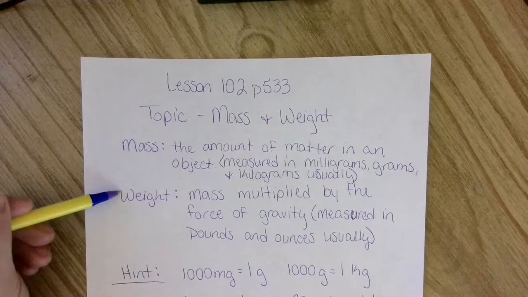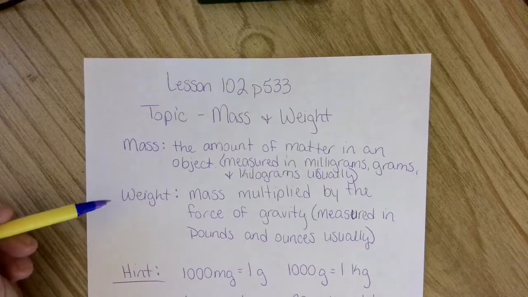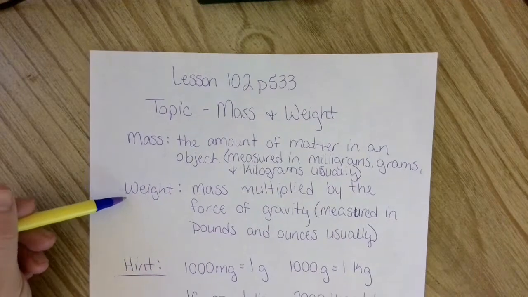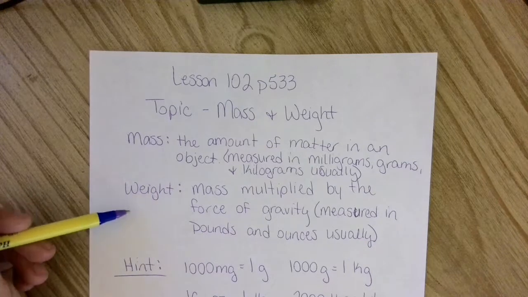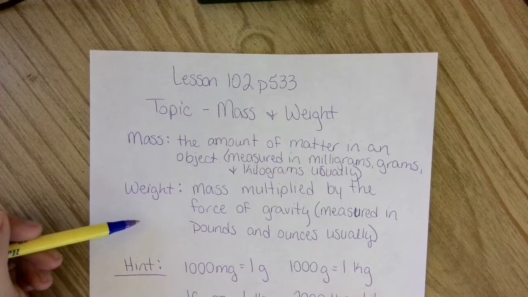Now, weight has a little bit different definition than mass because you have the gravitational force to think about. So your weight on Earth would be different than your weight on the moon because the gravitational pull is going to be different.